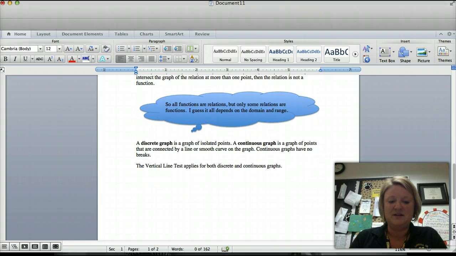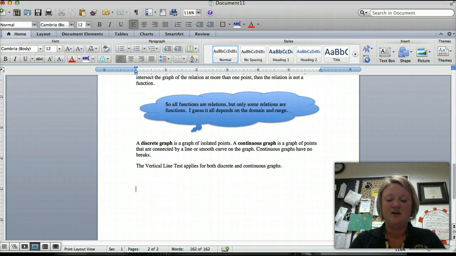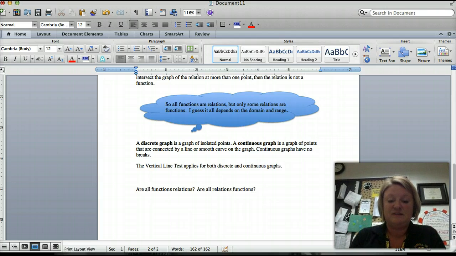So the question I'm going to leave you with today: are all functions relations? Are all relations functions? So on Google, just Google function and Google relation and see if you can tell the difference between whether all functions are relations or all relations are functions.